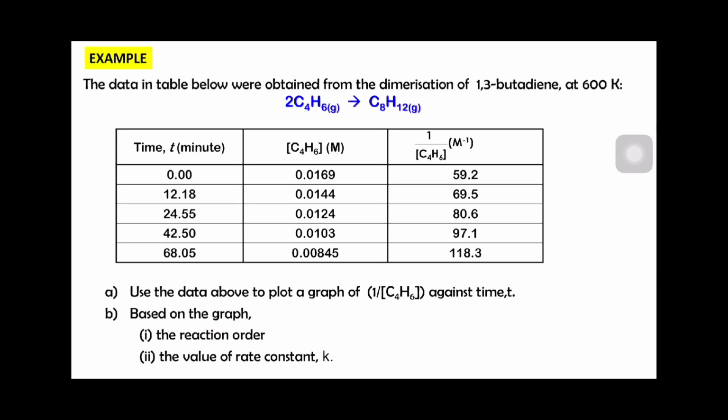Let's try an example. The data in the table below were obtained from the dimerization of 1,3-butadiene at 600 Kelvin. Use the data above to plot a graph of 1 over the concentration of C4H6 against time. Based on the graph, determine the reaction order and also calculate the value of the rate constant.